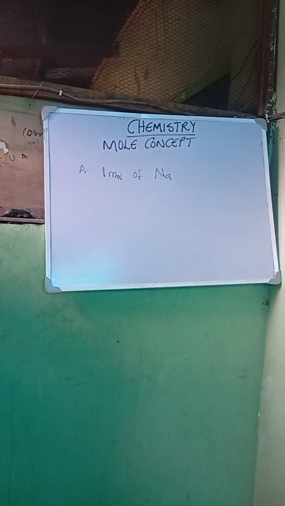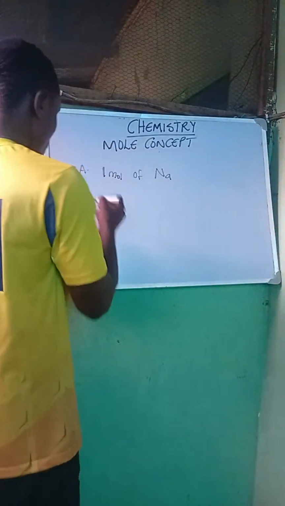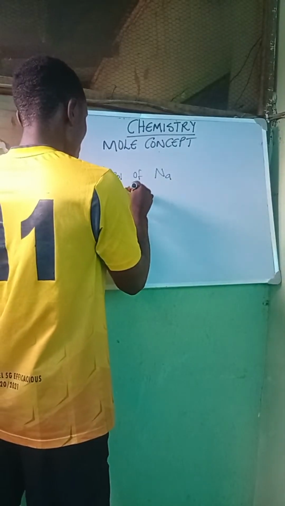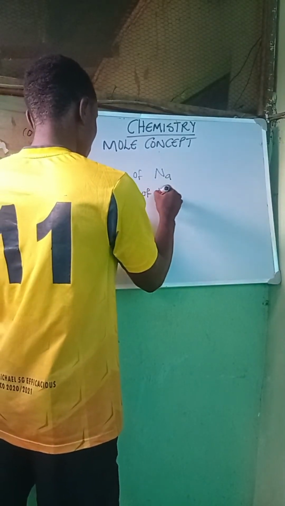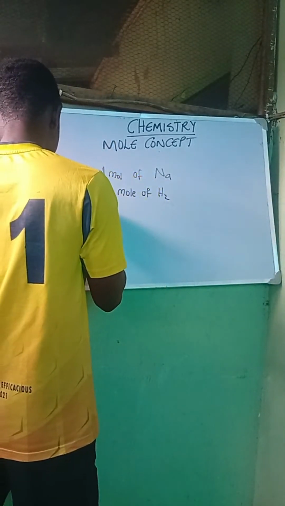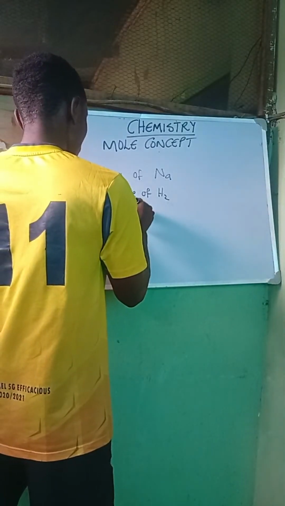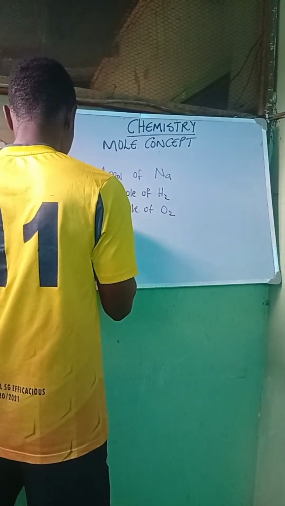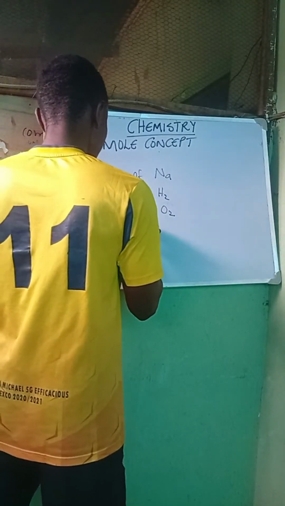B, 1 mole of hydrogen. C, 1 mole of oxygen. And D, all contain the same number of moles.